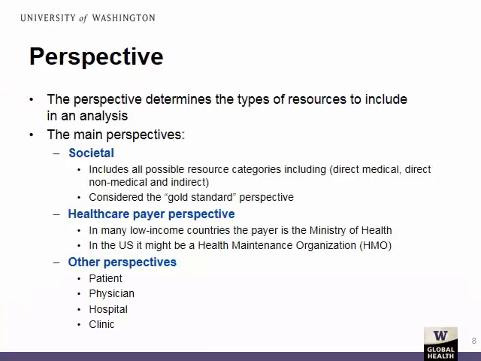A very important aspect in cost is this idea of the perspective, and it determines the types of resources to include in the analysis. The main perspective is the gold standard perspective, which includes all possible costs, and it's called the societal perspective.